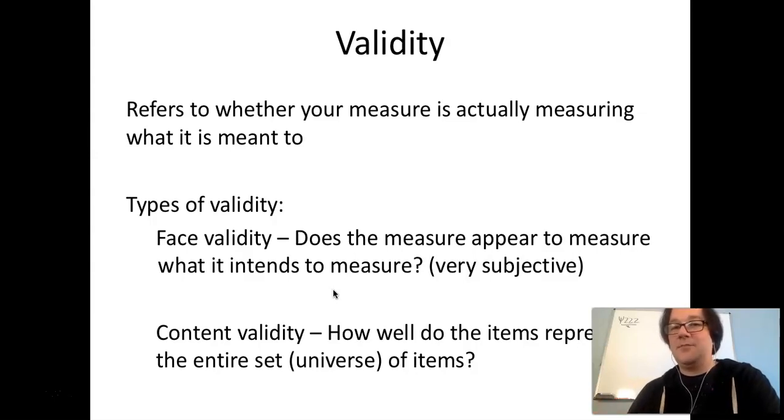Well, let's say exam 1 for this class would have face validity if I had a colleague, another professor in the psych department, look through my exam, and I say, hey, does this look like a comprehensive test? Does it look like it's measuring what students should know in 222? And they flip through it and they say, yeah, that looks like what they should know in 222. That's face validity, right? So does the measure appear to measure what it intends to measure?